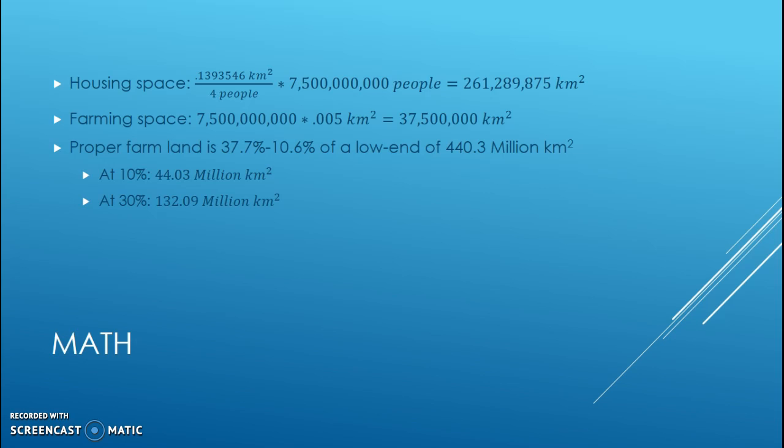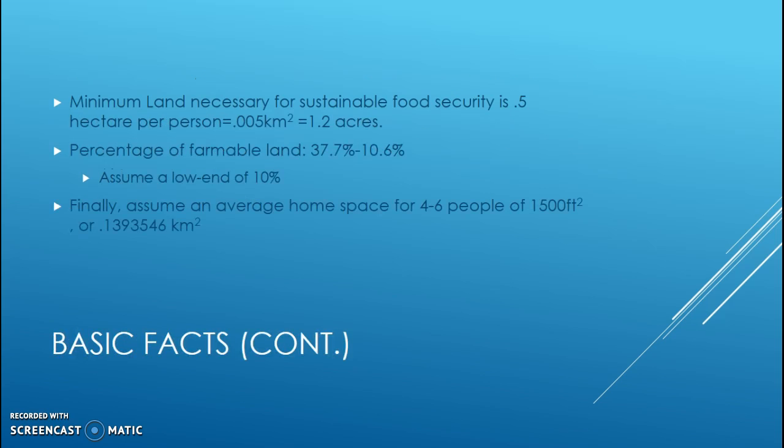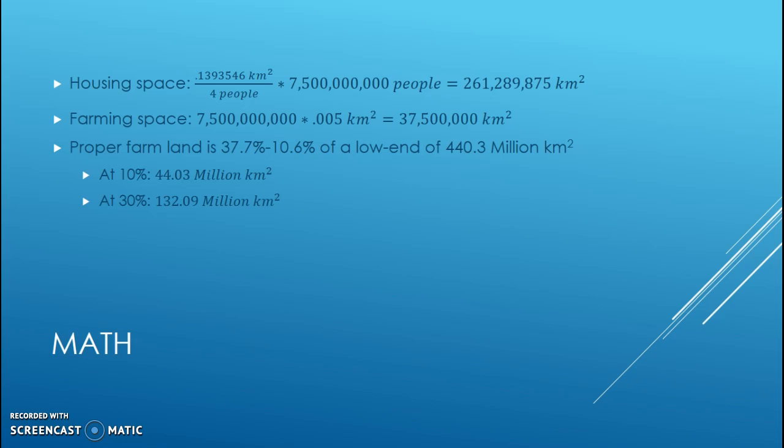Farming space is the current world population. Once again, taking the 0.005 square kilometers, or 1.2 acres, and multiplying those together to find that we only need, for the current population, approximately 73,500,000 square kilometers for total farming space.